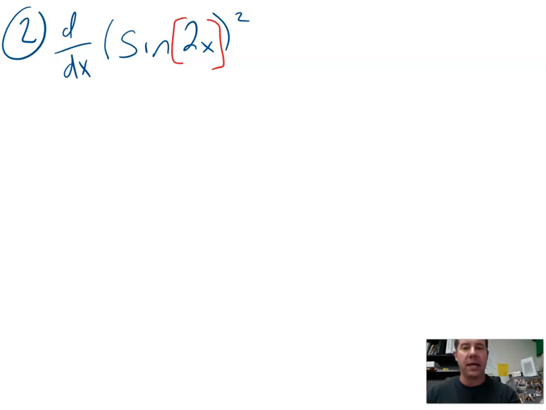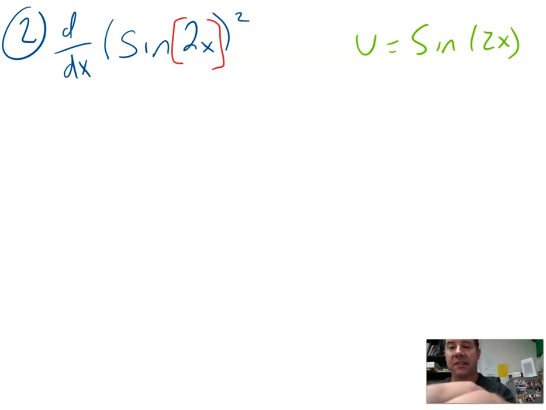My first one being, u is sine of 2x, right? And then my second inside function I'm going to have to deal with is, I'm going to call it double u, w, because it's the... Okay, never mind. But that's 2x.